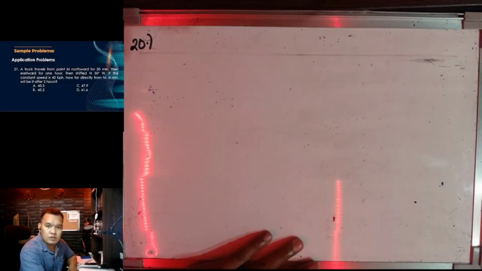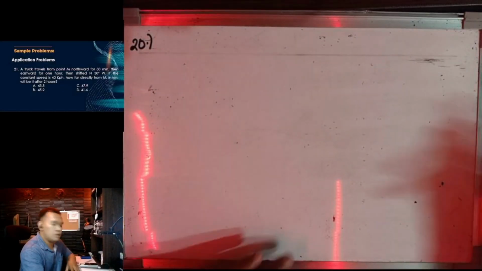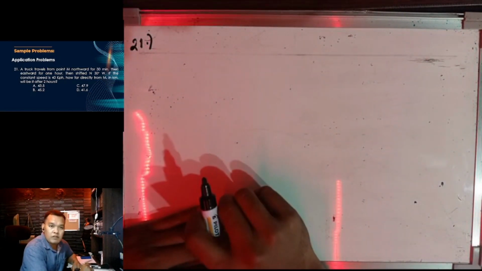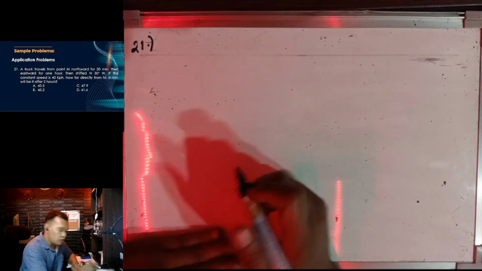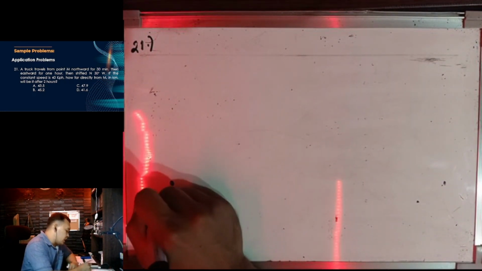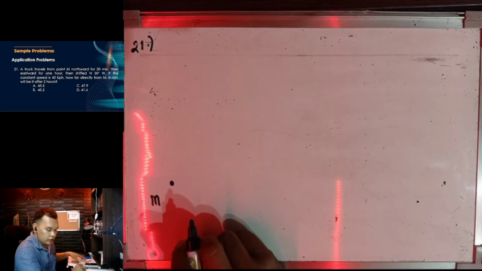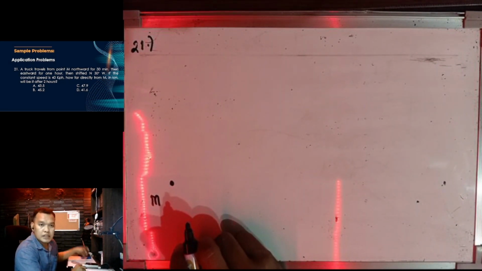So sabi daw, dun sa problem number 21, a truck travels from point M. So sabihin kong meron akong point M dito nang galing yung truck. Then, nag-travel siya northward 30 minutes.